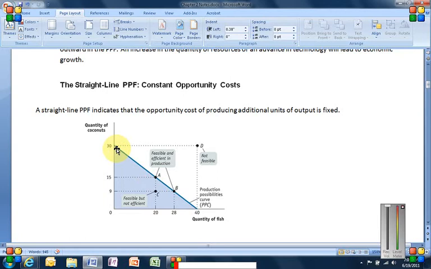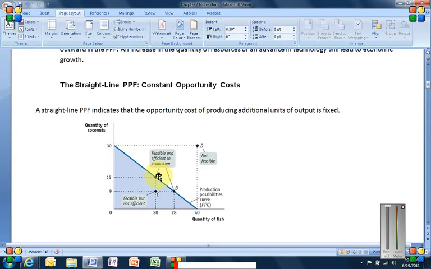Let's pretend, for instance, this is a Production Possibilities Frontier for you who just got stranded on an island, and you're saying, based on the resources and what I know how to do, I have two choices. I can put my time and resources and energy towards the production of coconuts that I can consume, or the quantity of fish that's possible for me, or some combination in between.